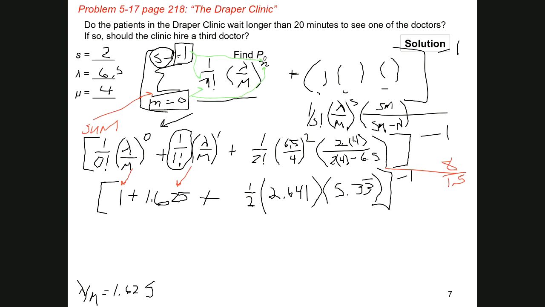Again, I apologize, but I'll have this all summarized on a sheet on the last slide. When we add these two terms together, they become 2.625, and this last term, when you do all of this multiplication, is 7.042.